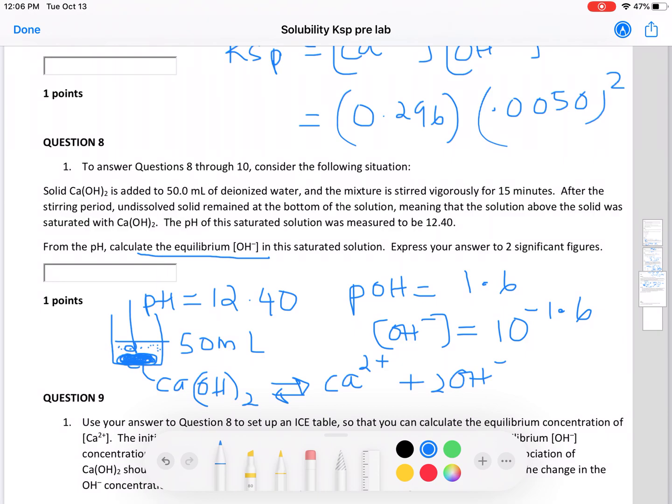That would be, and you can also do your calculation to make sure I did mine correctly, 0.025. So that's the equilibrium concentration of hydroxide ions. You will see your actual post-lab calculations are also very similar to these types of calculations, so see if you can do those calculations yourself.